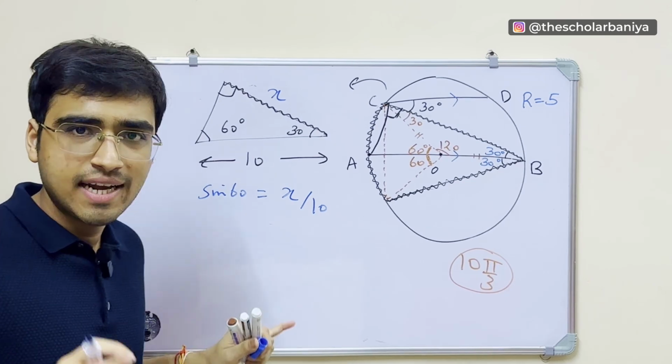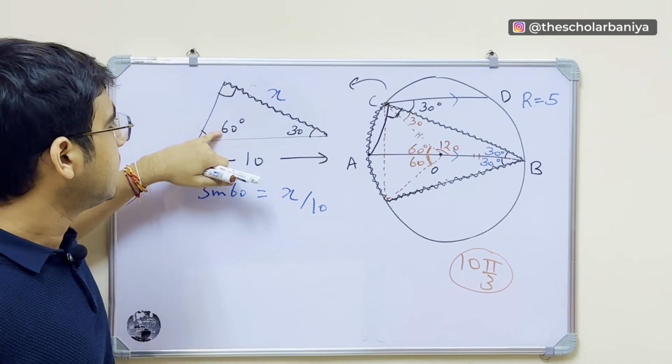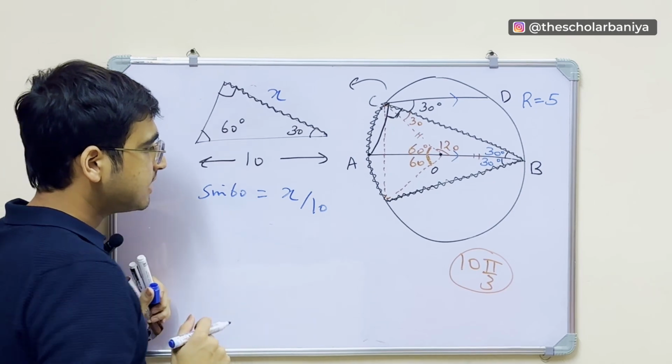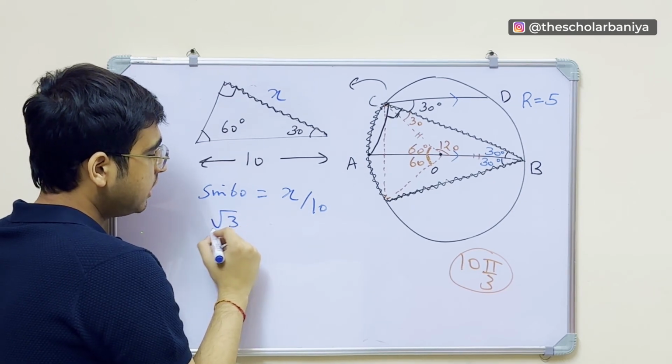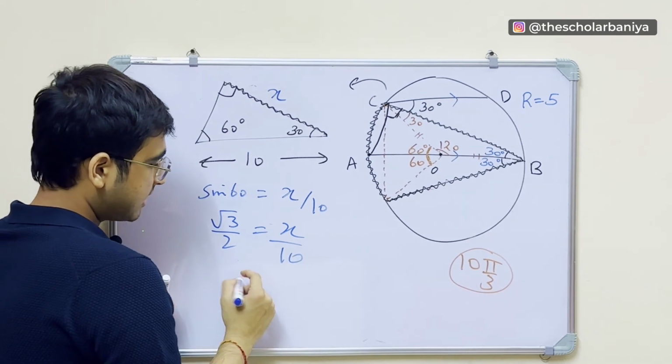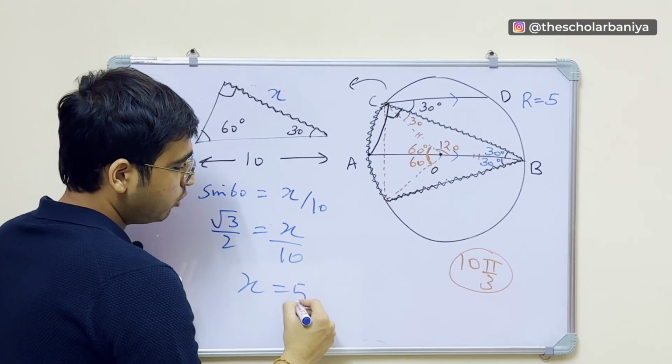I hope you can visualize this much, that sine 60 is equal to x upon 10, right? What is sine 60? Sine 60 is root 3 by 2, equal to x upon 10. So what does x come out to be? X comes out to be 5 root 3.